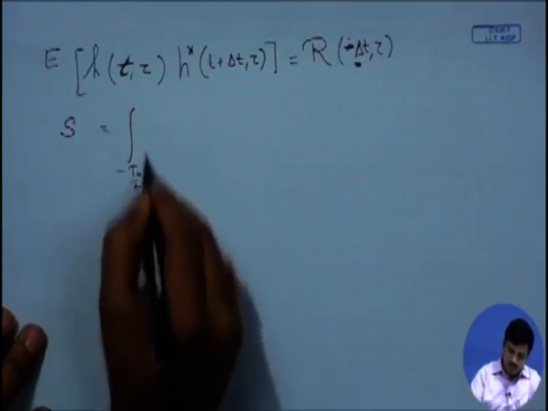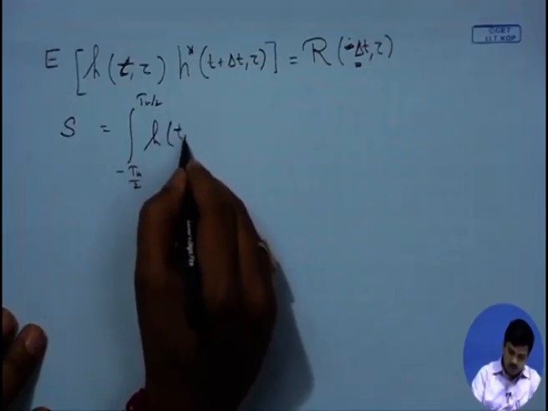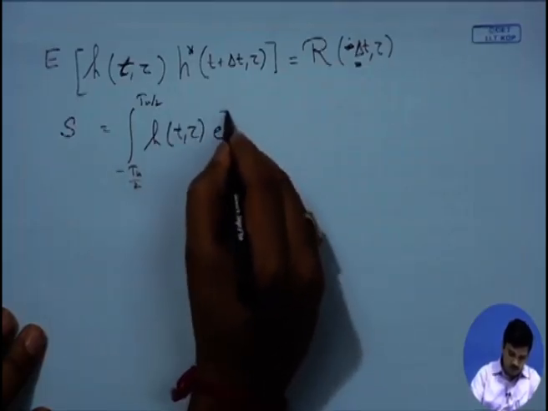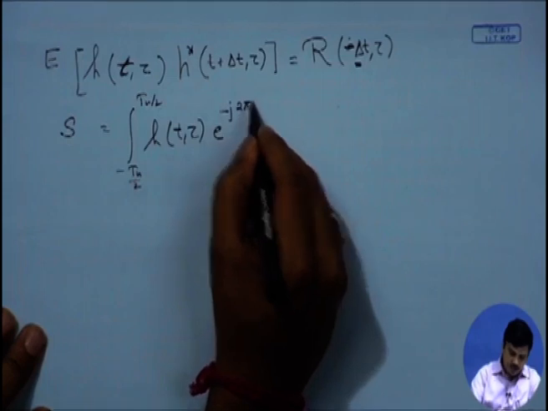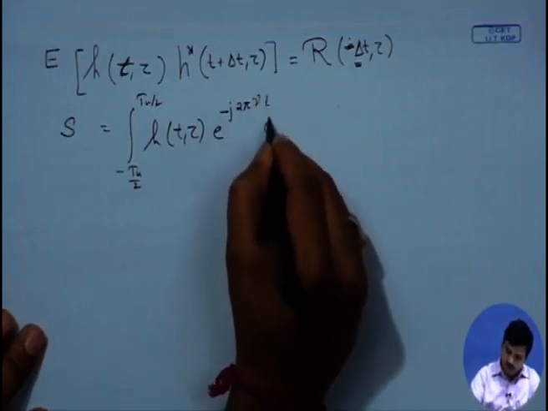And if you take the Fourier transform, we would write the scatter function as S of tau comma nu equal to the integral from minus Tu by 2 to Tu by 2 of h of t comma tau e to the power of minus j 2 pi nu t dt.